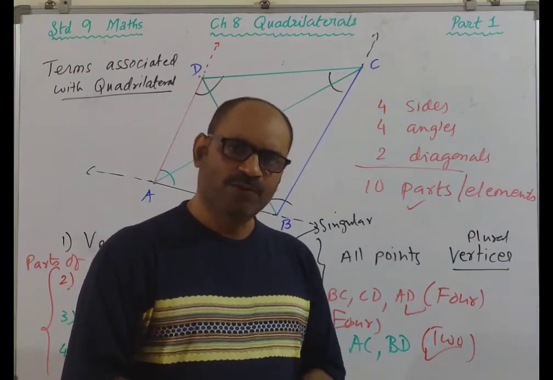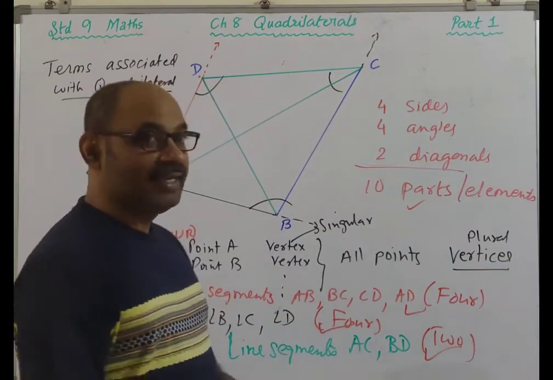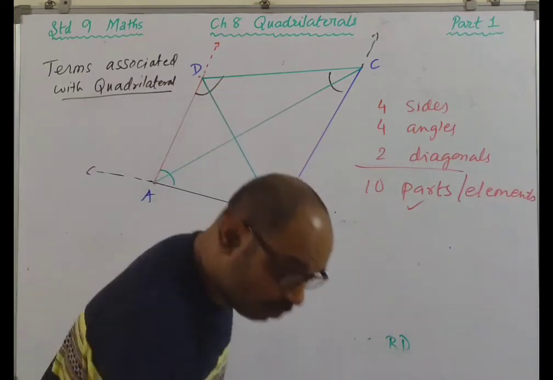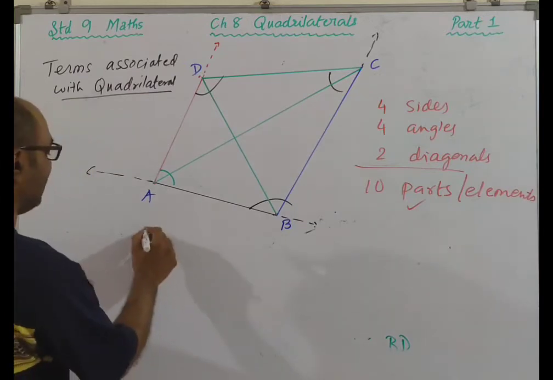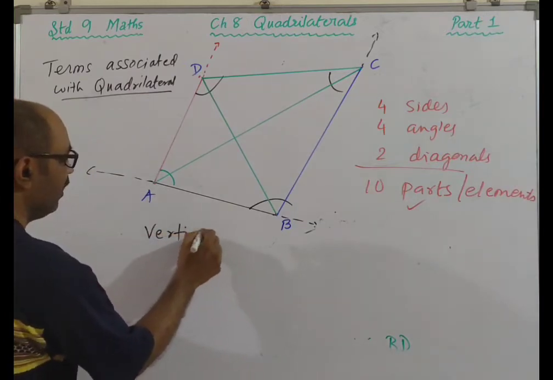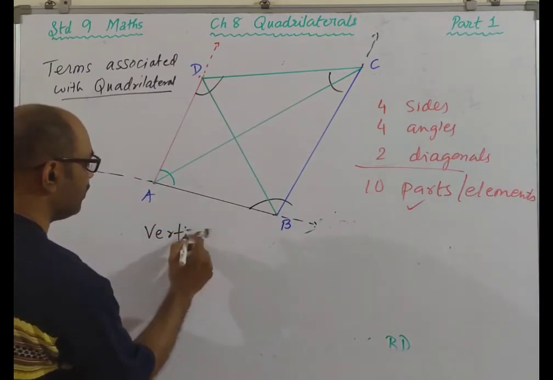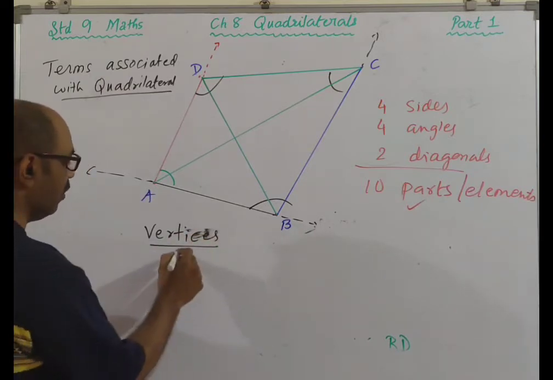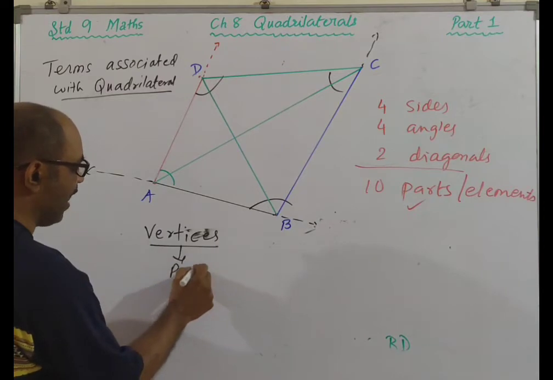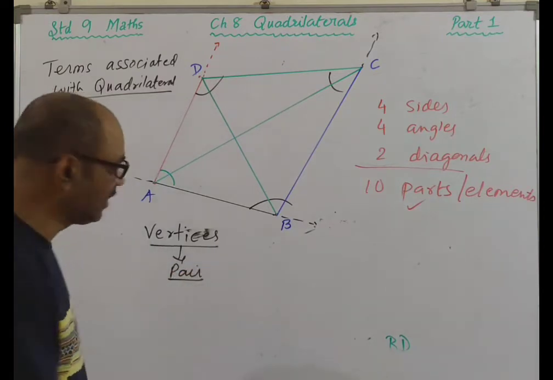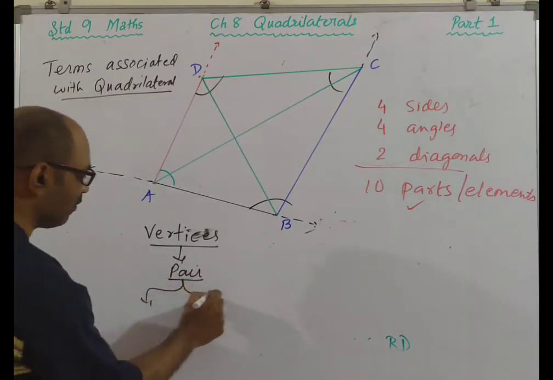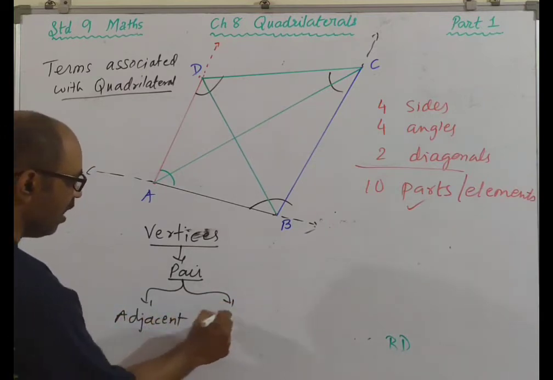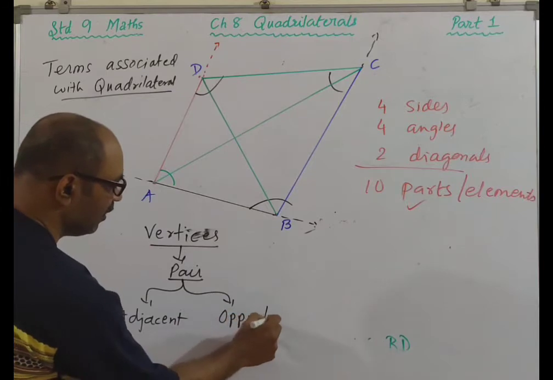Fine. So now what is a diagonal? Children, if you choose a pair of vertices, they are of 2 types: adjacent and opposite.